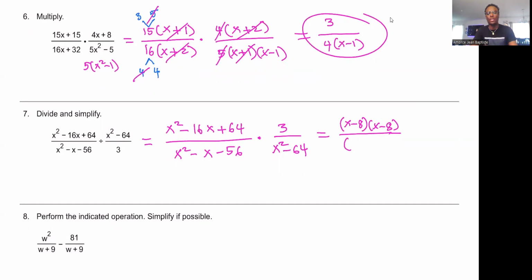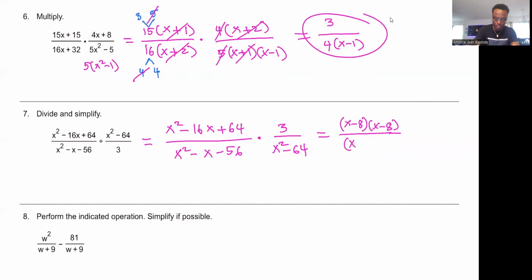So, in the denominator, since the coefficient of x squared is 1, we only need to break down the negative 56 into two factors whose sum is negative 1. Negative 56 will be negative 8 times 7. So when you multiply negative 8 and 7, it's negative 56. When you add them, it's negative 1.